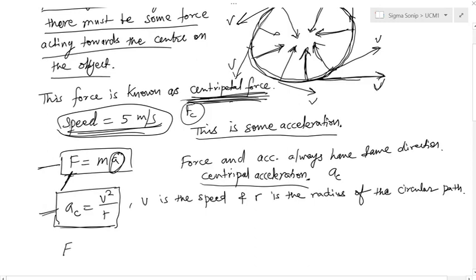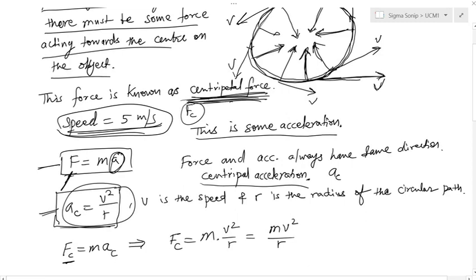We know that force and acceleration are related by F = ma. So if we are talking about centripetal force, then with centripetal acceleration, F_c is equal to m times a_c, which is m v squared over r. So these are two really important equations, and most of the problems that we come across will be on these equations.